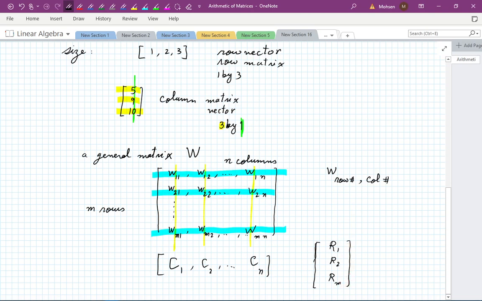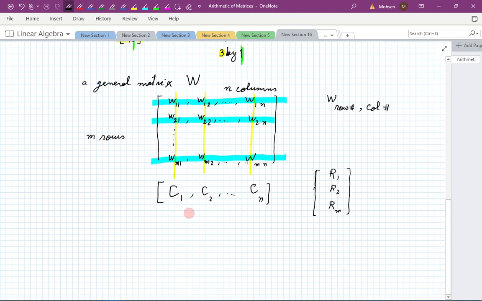So these are abbreviations. By columns, this is abbreviation by columns. This is the abbreviation by rows.